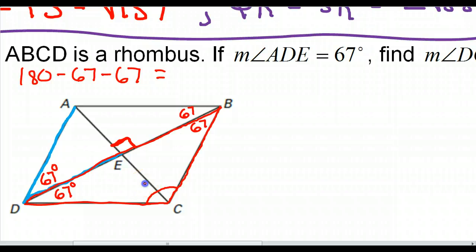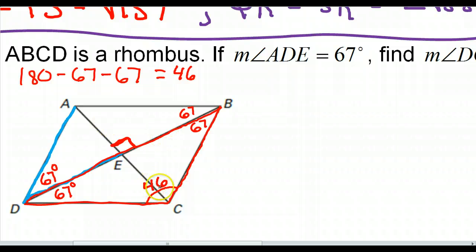Okay, so obviously this drawing is not to scale, because 46 would be an acute angle and this is an obtuse angle. And if I add these up, that's going to make an obtuse angle, and this looks like an acute angle. So we're going to have to just ignore the fact that the drawing is not to scale.